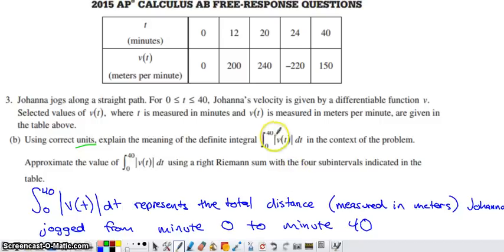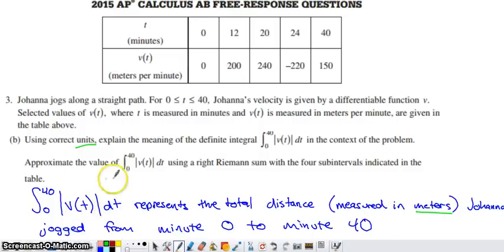But when you have the absolute values here, any changes in position that happened in the negative direction are made positive by the absolute values, and this integral turns into one that computes total distance traveled for us. And so the meaning of this integral is that it represents the total distance Johanna jogged from minute 0 to minute 40, and the units would be meters, because units of v of t are meters per minute, units of dt are minutes. The minutes are going to cancel, and our result is measured in meters.